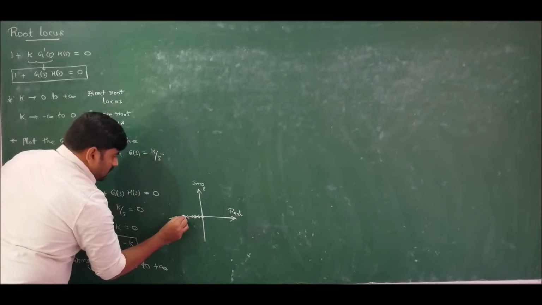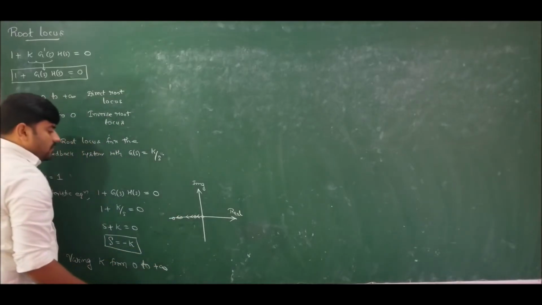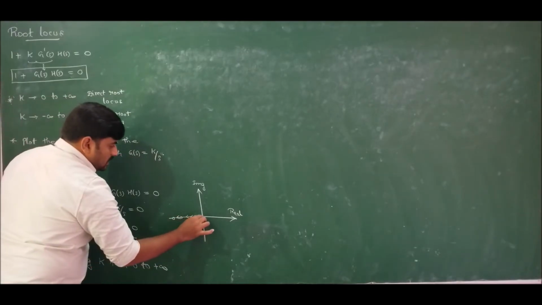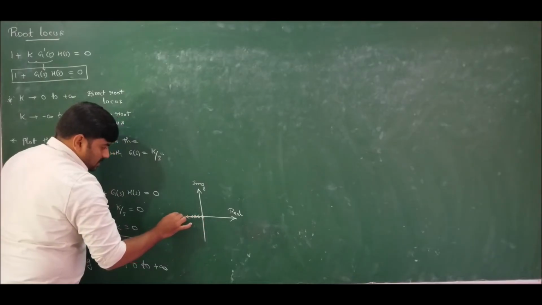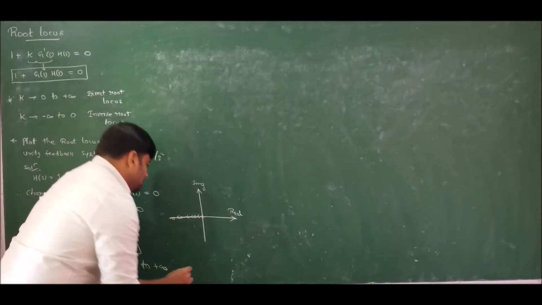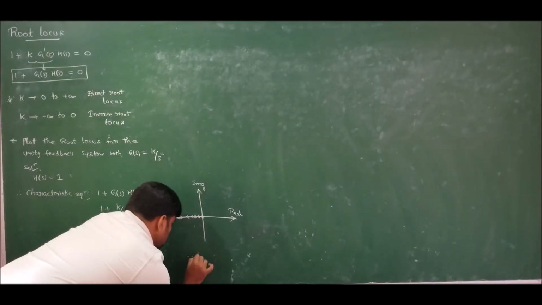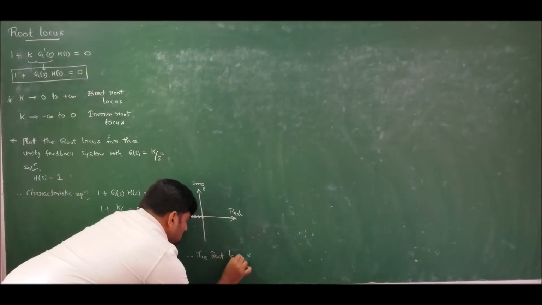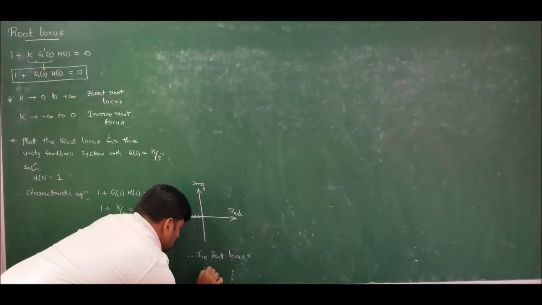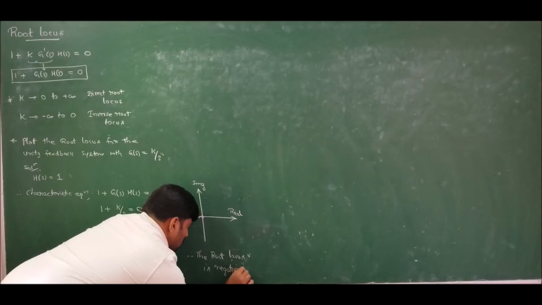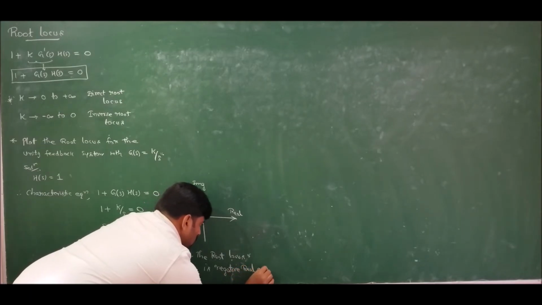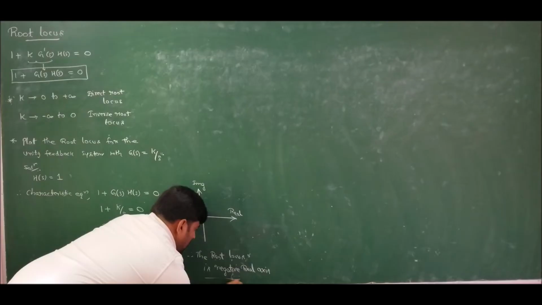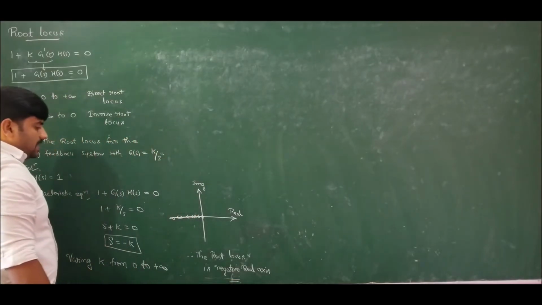Like this the system is moving, correct? So what is the root locus? The root locus is nothing but the negative real axis of the S plane or complex plane.